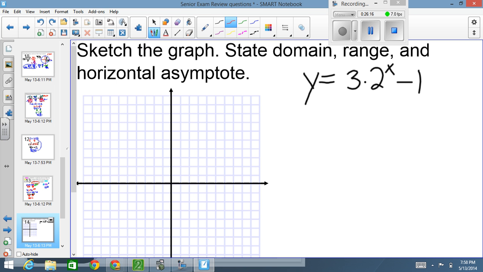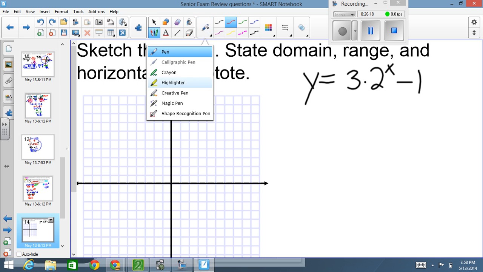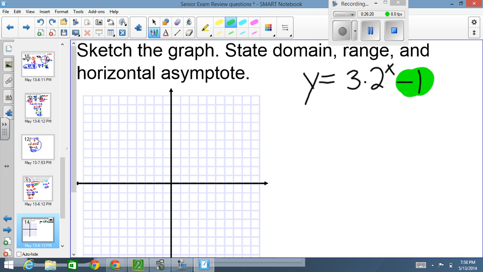That tells me right away that my horizontal asymptote is at y equals -1. That's what I'm approaching, but I'm not hitting.